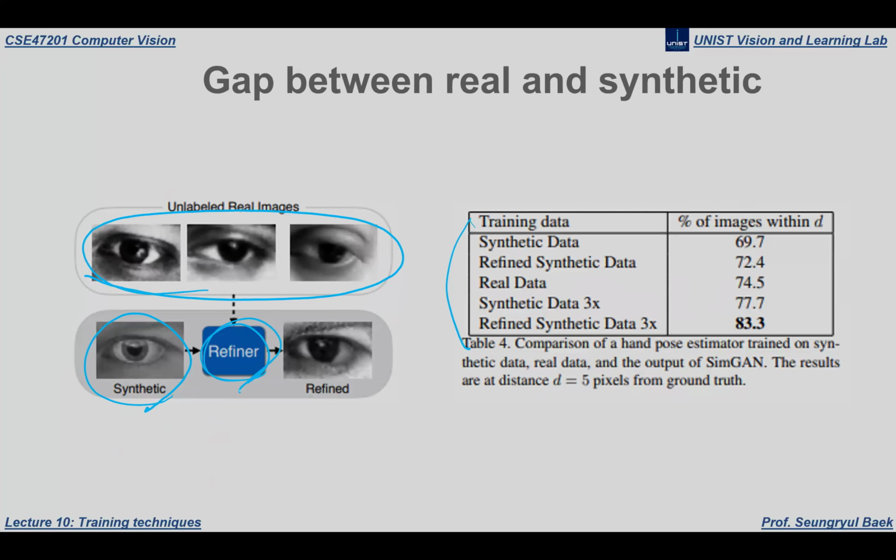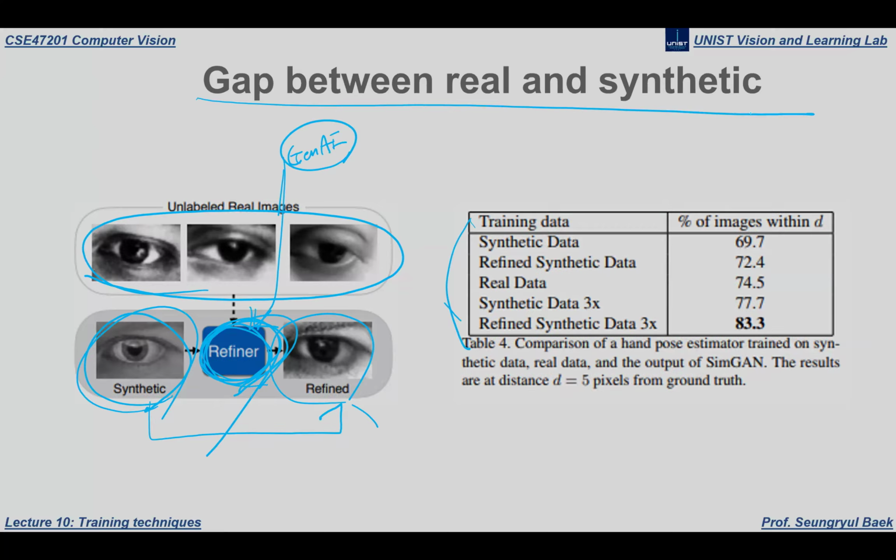They trained a refiner that refines the unnatural synthetic data to have reality in the output images. So they used generative AI. At that time, GAN was the state-of-the-art generative AI, so the refiner was constituted with the GAN algorithm. Anyways, they want to fill the gap between real and synthetic via generative AI.